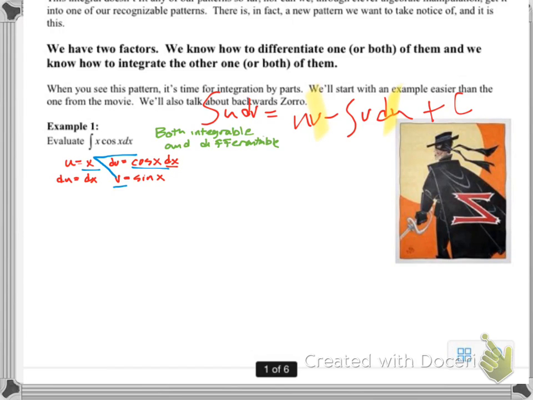The Zorro piece is that you can describe this whole expression with the cosine of x dx and x. The first slash to the left, the backward Z in Zorro, is the cosine of x dx times x. That's our original function. The second, the downward slash, the product u times v, is x sine of x.